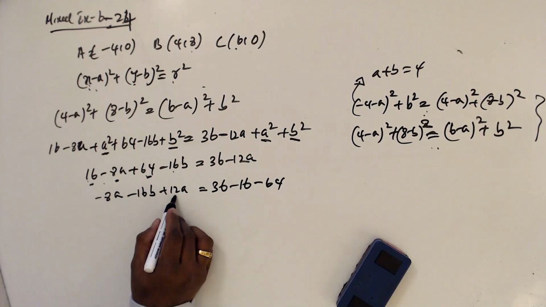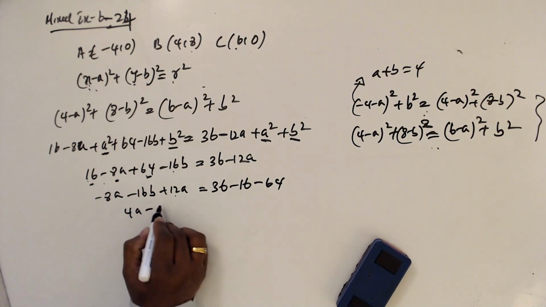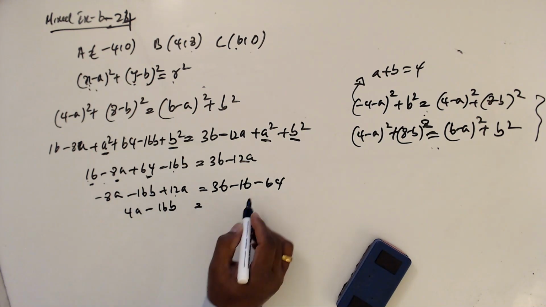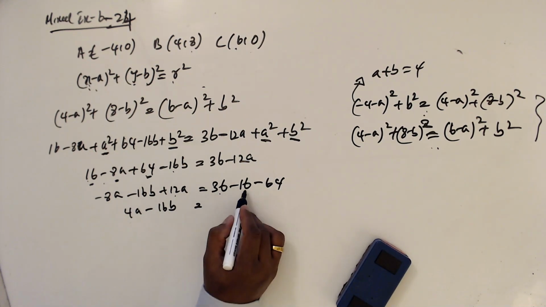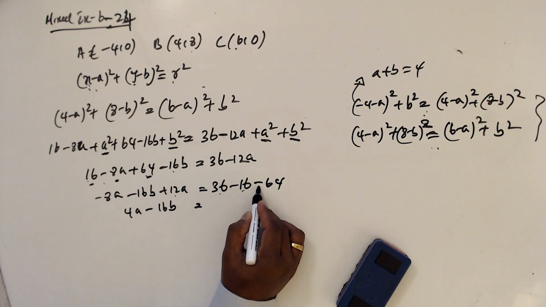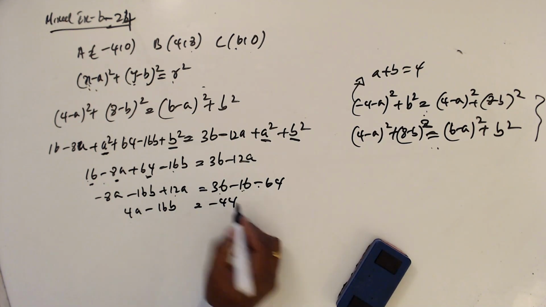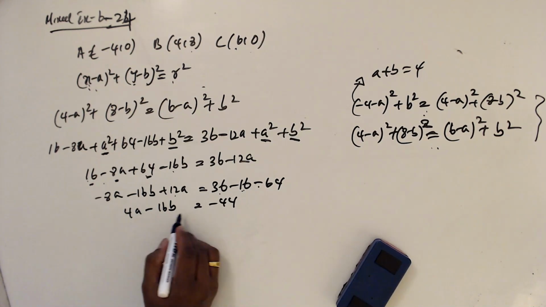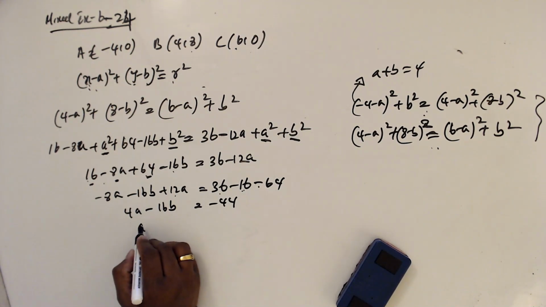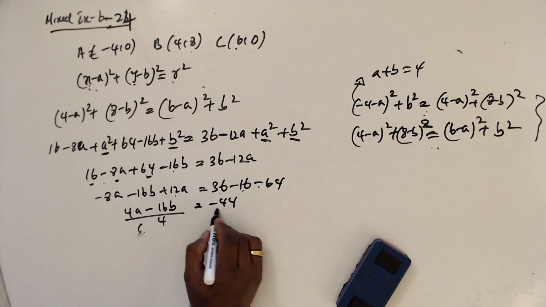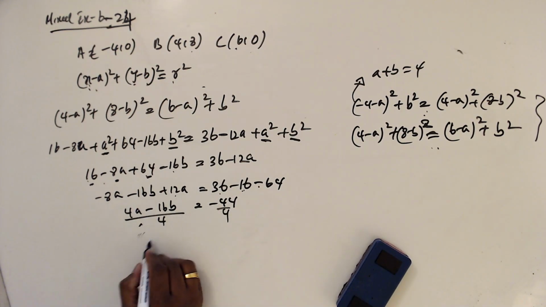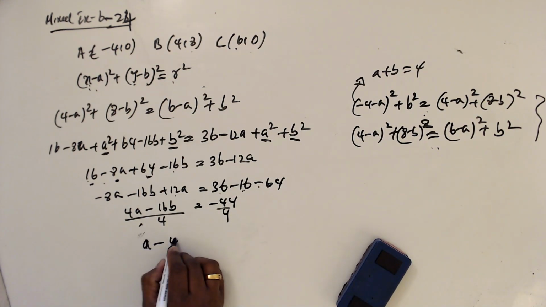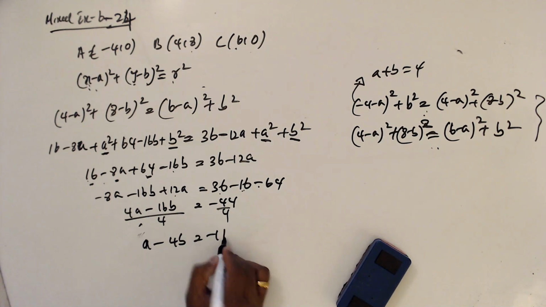So this is going to be 4a − 16b equals 36 − 80, which is −44. So I can divide by 4. So this is going to be a − 4b = −11.